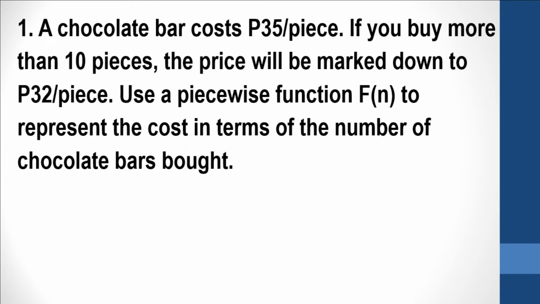So, ang hahanapin natin or ibibigay natin na function ay function f to represent the cost or yung babayaran in terms of the number of chocolate bars which is represented by n. Okay, so ilan daw yung babayaran natin depending on ilang chocolate bars yung bibilhin.